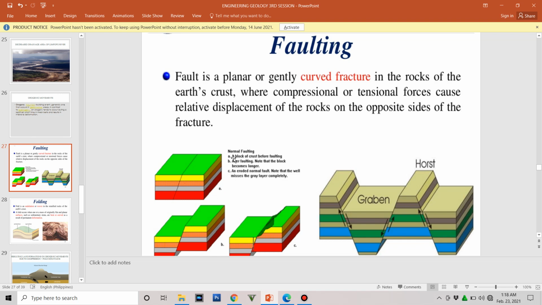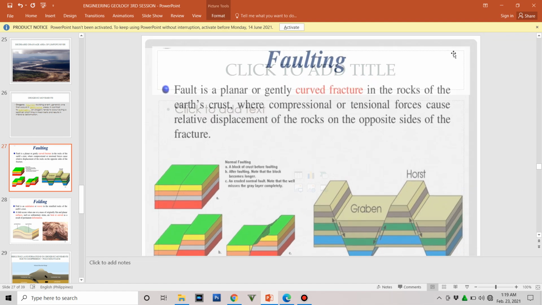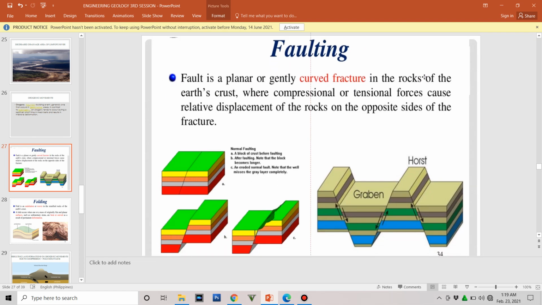Okay, why normal? Because we have turned normal faulting to incorporate the normal reaction of the block that is hanging on the footwall of this fault plane. Okay, so meron tayong tinatawag na footwall kung saan yung hanging wall is resting on that.